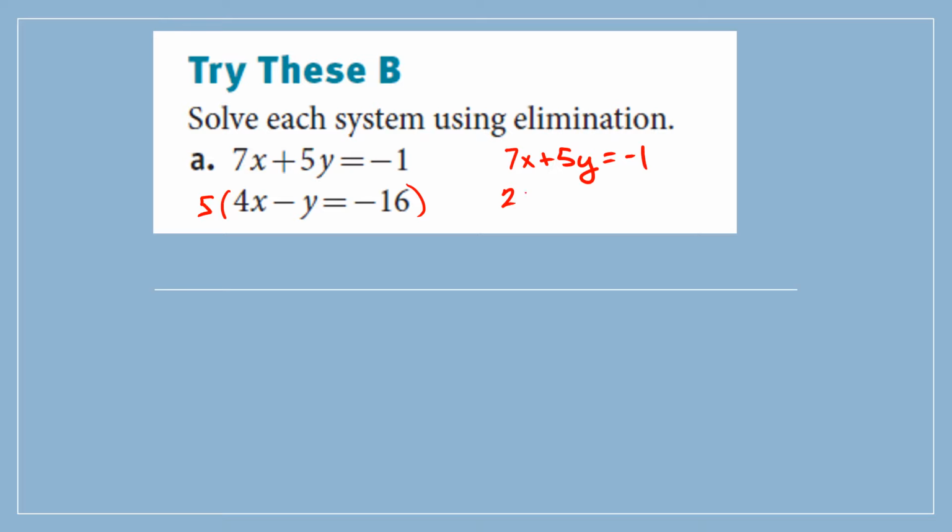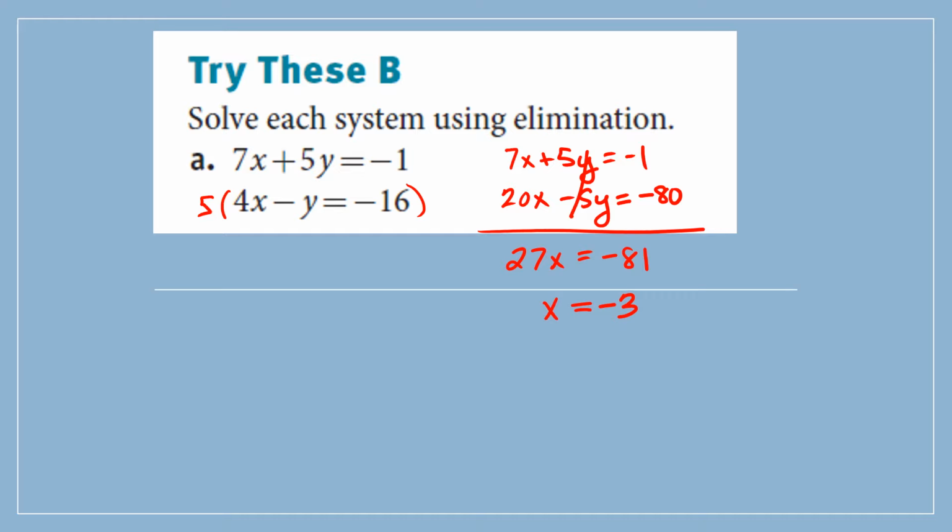And then on the bottom, I would get 20x minus 5y equals, let's see, that's going to be negative 80. So then my y's are going to cancel, and I'll get 27x equals negative 81. So that means that x equals negative 3.